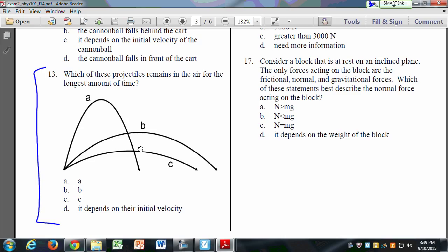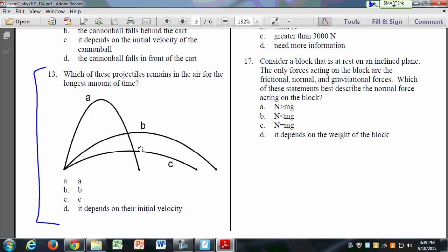Which of these, A, B, or C? They can have different speeds, or we don't really know what the speed is. Which one's in the air for the longest amount of time? Which has the longest hang time? B, you would think it would be B, right? But it's not B. The time that it's in the air is always set by the y motion. So if it goes up higher, it's in the air for longer, right? This thing's in the air for less time than this thing.